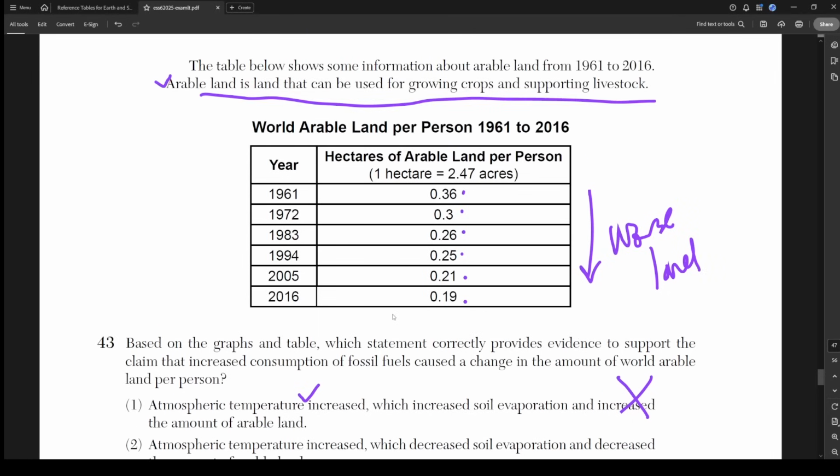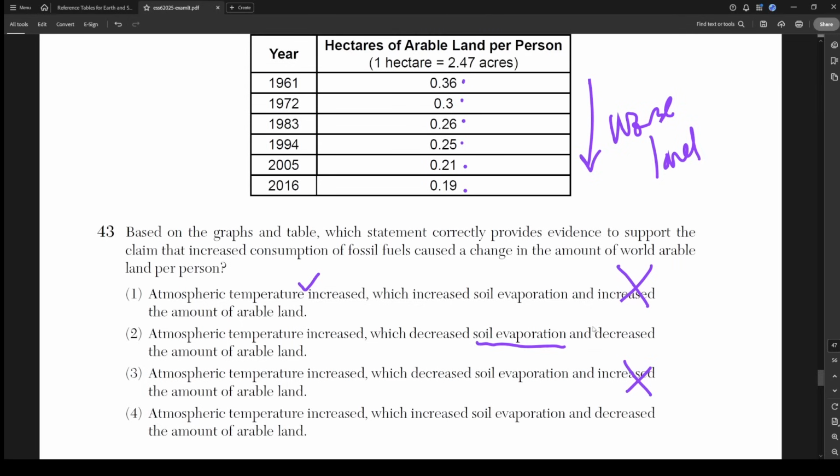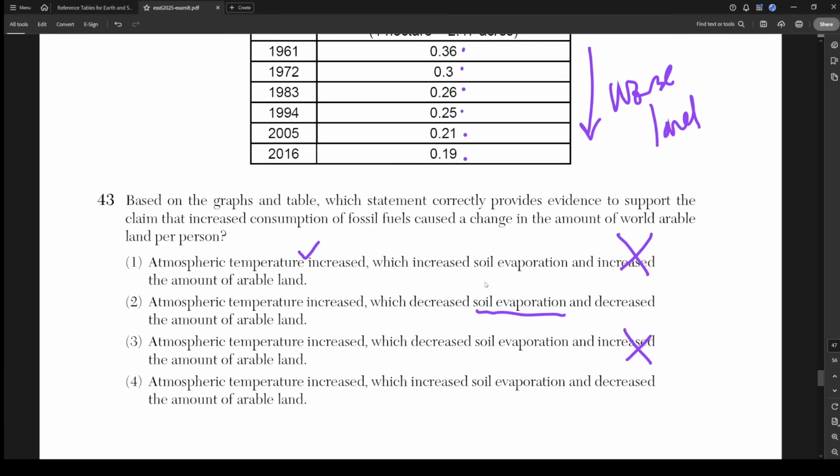I'm guessing if soil evaporation is going up, the crops would be less able to grow because you want the water in the soil. That's my guess.